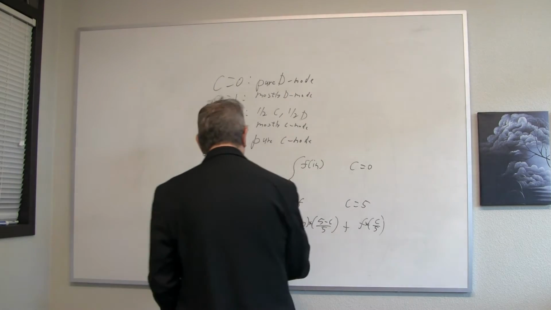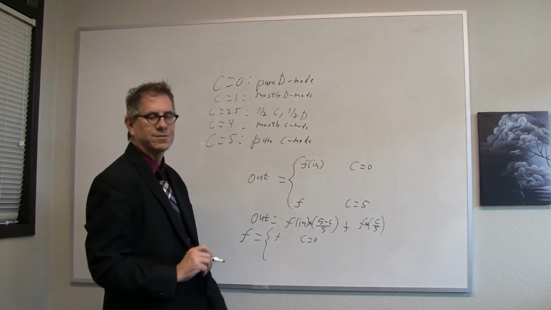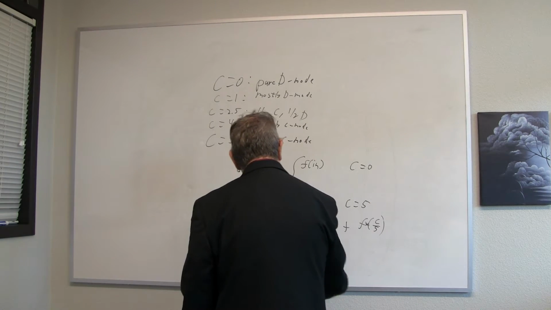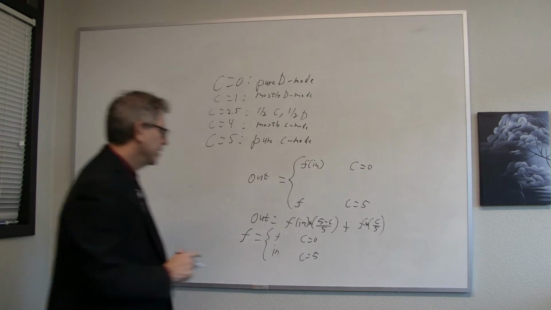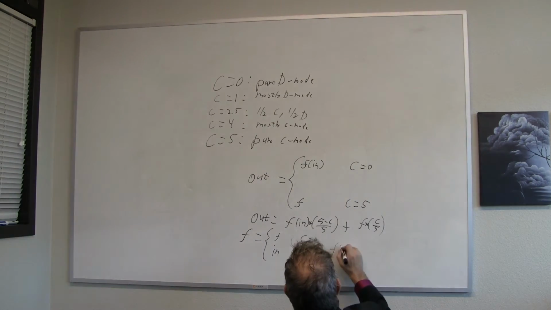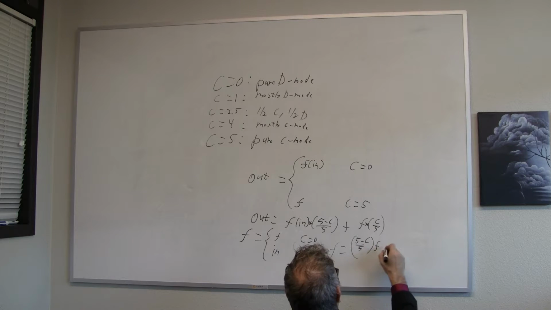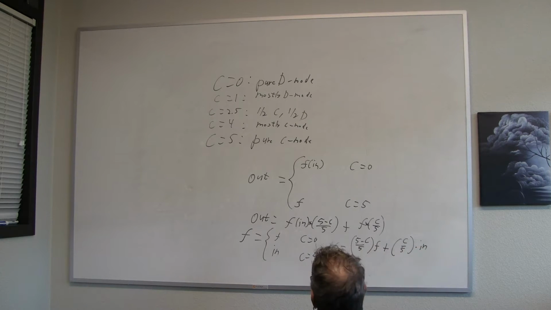If C equals 0, it's just the original function value, the function. If C equals 5, it's the input. And so F is equal to, and it's the same formula, 5 minus C over 5 times F plus C over 5 times the input.